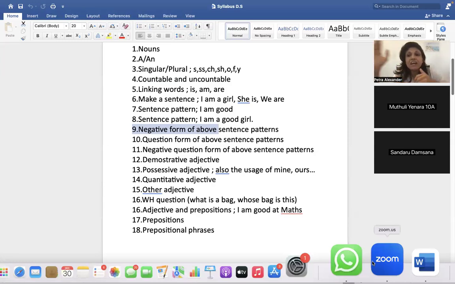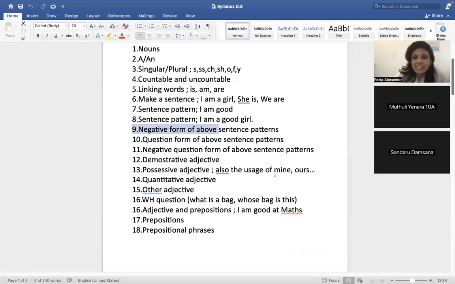If there is a noun, you can say, is she not a good girl? Right? හොඳක් නෙමේද කියලා අහන්න. එයා හොඳ ළමයෙක් නෙමේද? Is she not a good girl? Or එයා හොඳ නැද්ද? Is she not good? Or you can say, isn't she good? Isn't she good? කෙටි කරොත්.